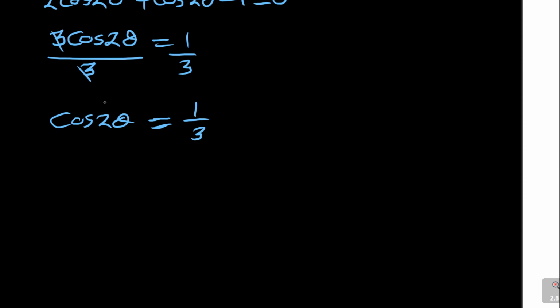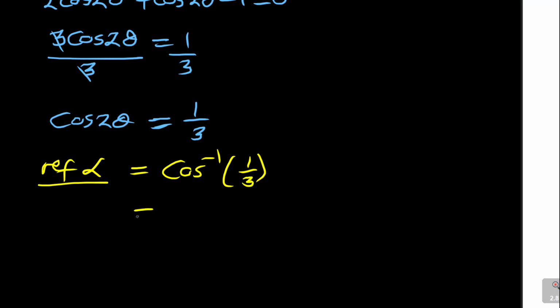Now from here, I'm supposed to find my values. Remember, this is more of the general solution. Now I find my reference angle. I'll say my reference angle is equal to arc cos 1 over 3. Let's do this and come back here.